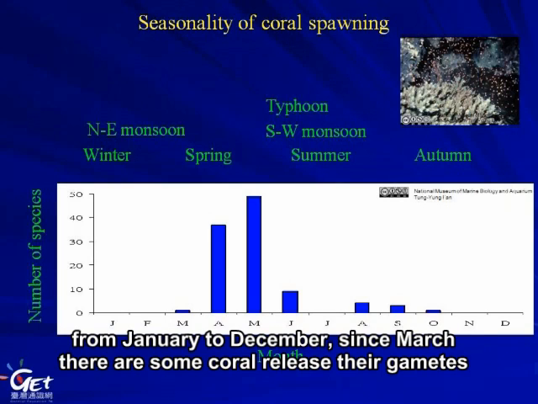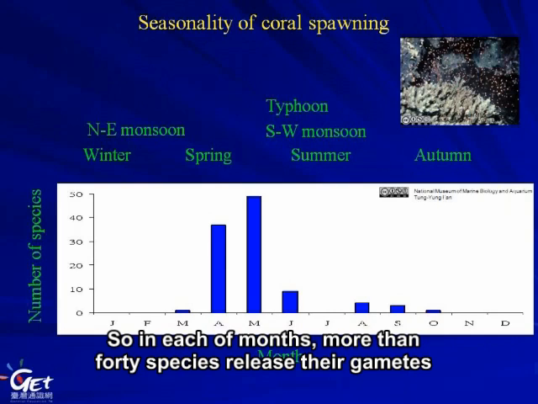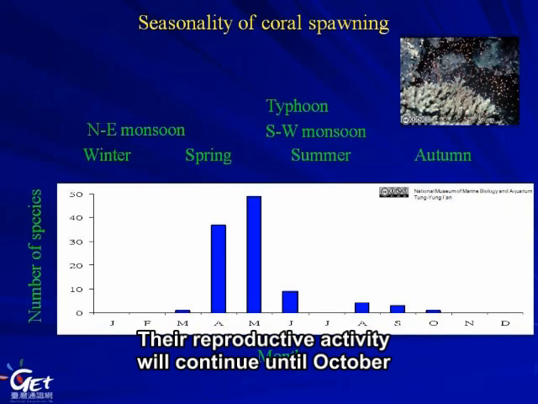Since March, some corals release their gametes, but April and May are the major reproductive season. In each of these months, more than 40 species release their gametes, and reproductive activity continues until October.